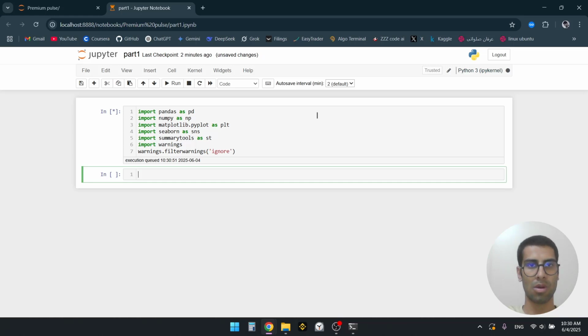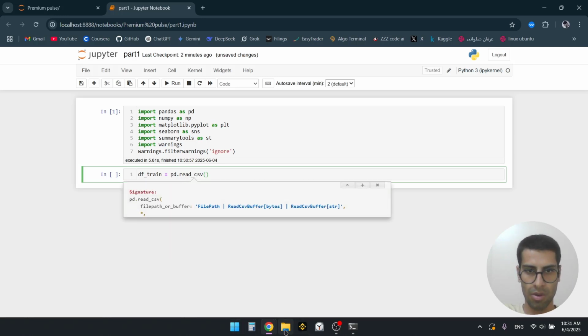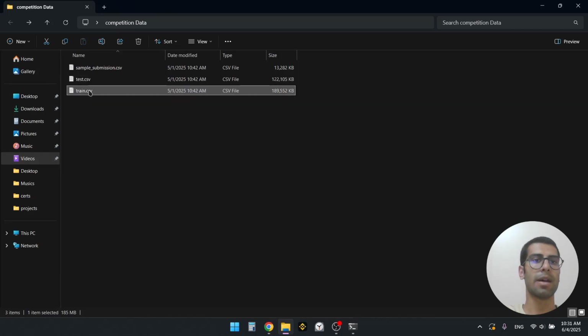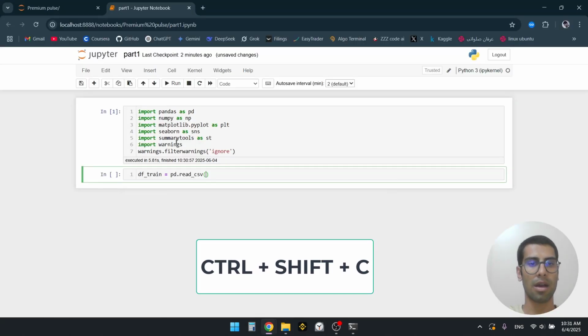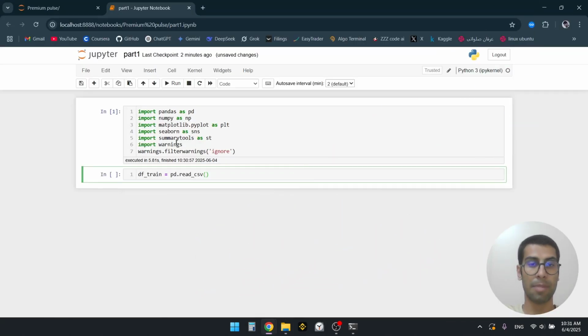So I want to start off by importing my data frames. The training dataset that I'm going to use, I'm going to name it df_train, and I'm going to say pd.read_csv and find my CSV file. Hold Control Shift C to copy the path, and for pasting your directory easily, just type r and paste your directory path.